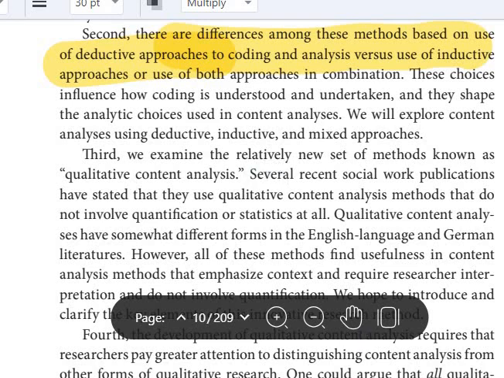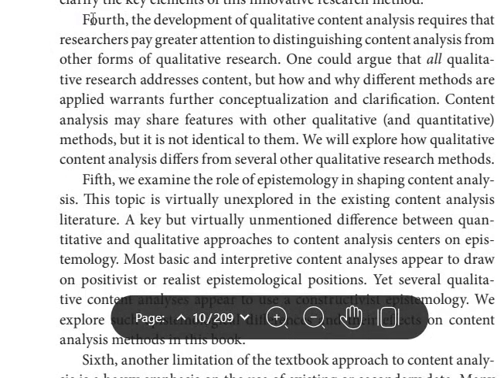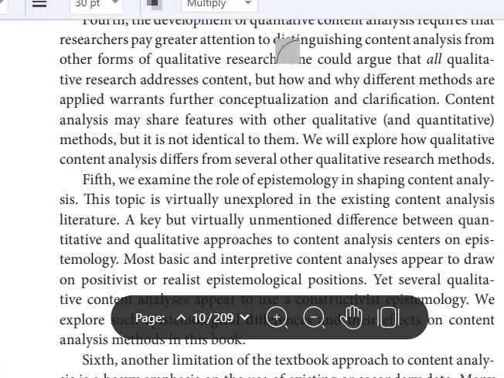Here in this paragraph, the fourth one, it says that one could argue that, look at this one, all qualitative research addresses content, but how and why different methods are applied warrants further conceptualization and clarification.